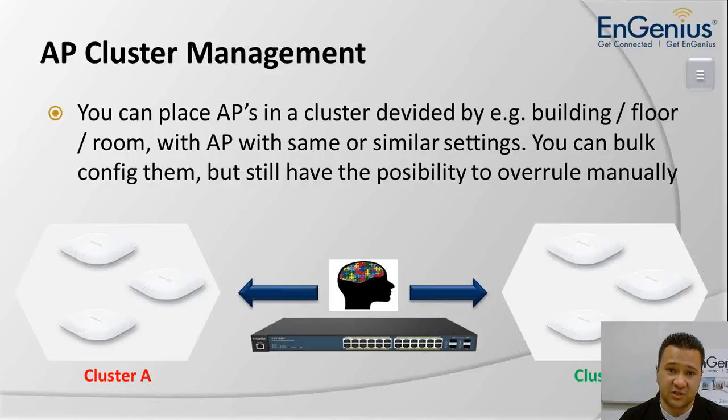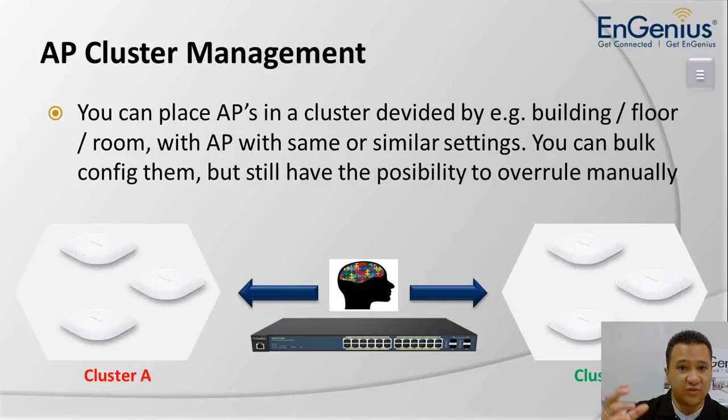Especially if you have a lot of access points, you don't want to configure them one by one, and most of the time you will have groups that have the same or mostly the same settings. If you configure one cluster, you configure all the access points at the same time.